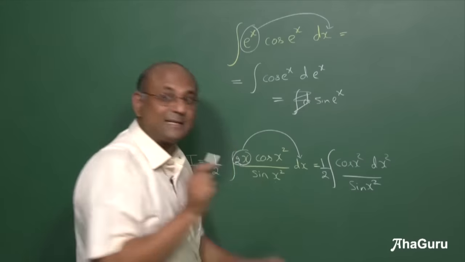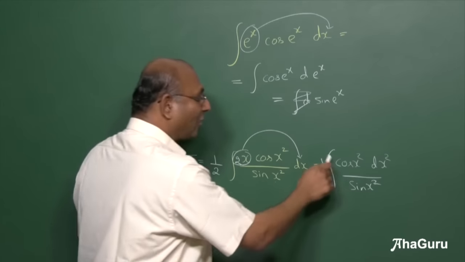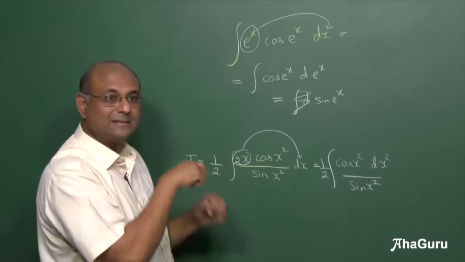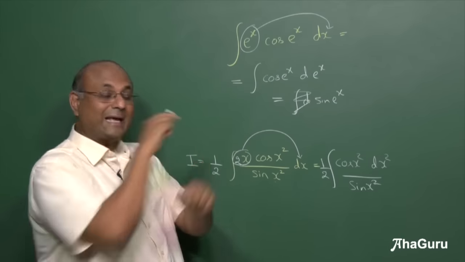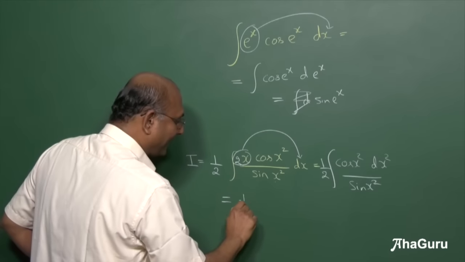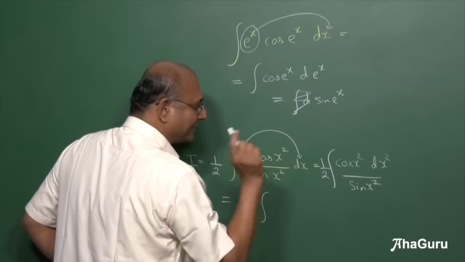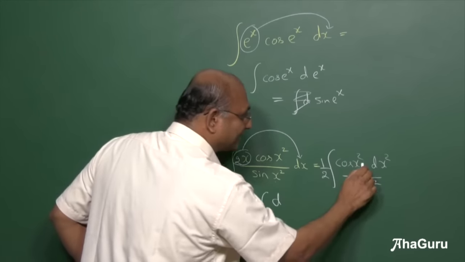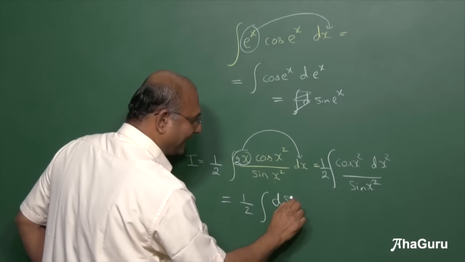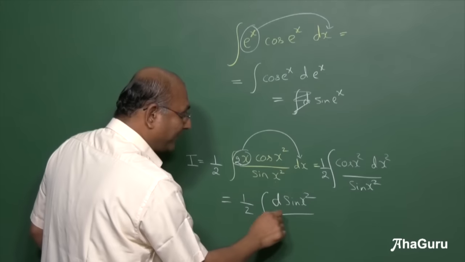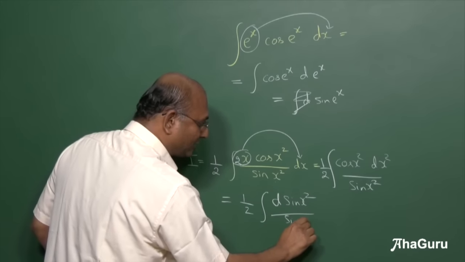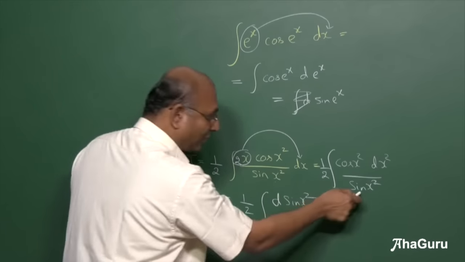Cos x dx is d sine x, cos y dy is d sine y, cos x square dx square is d sine x square. So let's write that half as before, the integral symbol as before. Cos x square dx square is d of sine x square divided by sine x square, because this was already there.